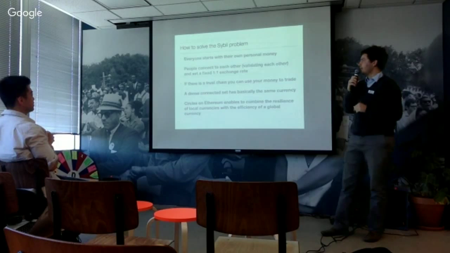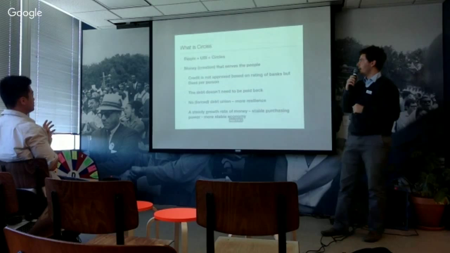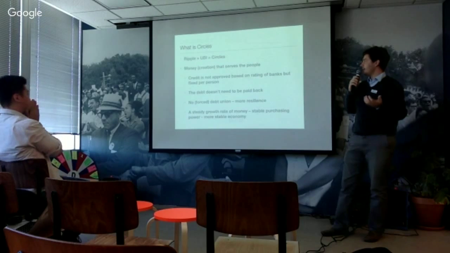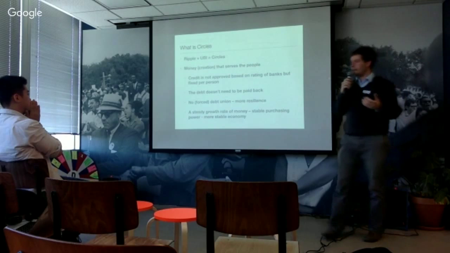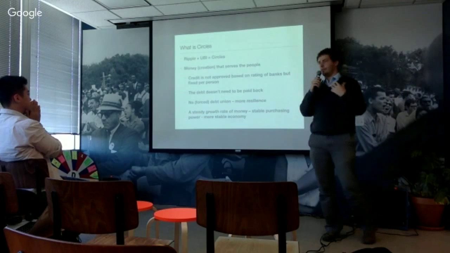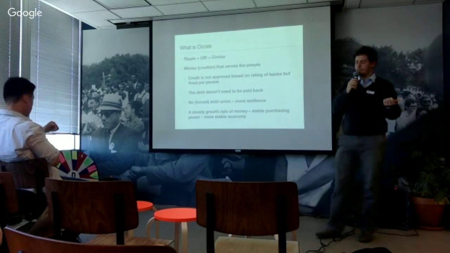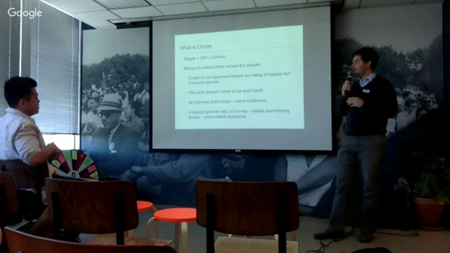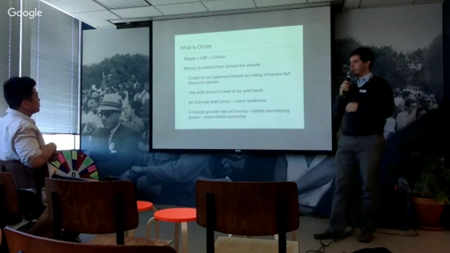Yeah, we can skip that. So it is money that tries to serve the people. It is positive money that is not created through debt. Instead, it's just given out. It's somewhat similar to Bitcoin. Yeah, it will be used on blockchain. We can go to the last slide.